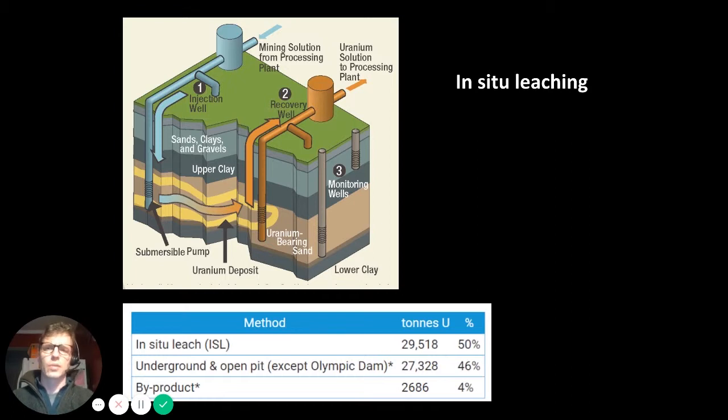The way this works is that you have injection wells sending down into underground geologic formations some sort of solvent or liquid that dissolves the rock ore that contains the desired uranium, and then that solution is pumped back up above ground to a processing plant where the uranium can be separated from the rest of the substances in the solution that you don't want.